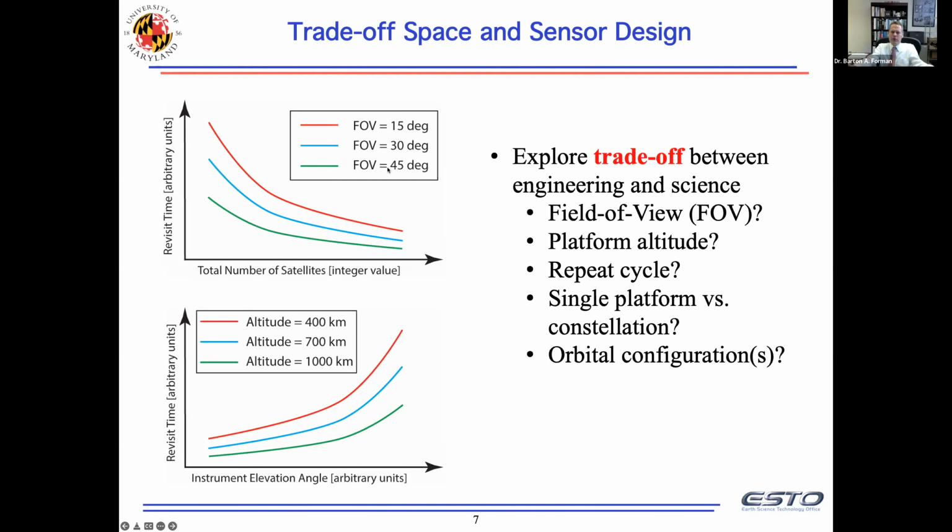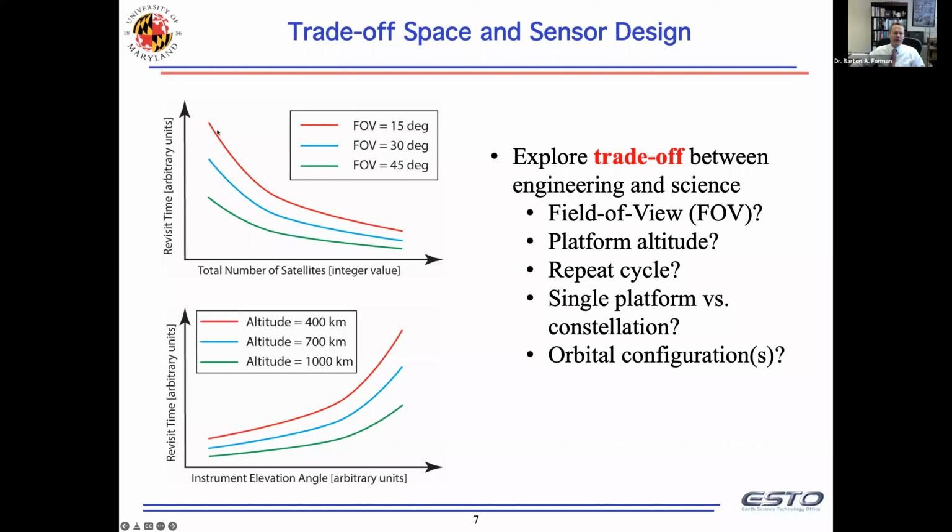As that field of view gets bigger, the effective swath width of the satellite gets bigger, and the satellite will see more of the surface with regularity. But there may be a trade-off. A larger field of view may give you a coarser resolution product, or perhaps a lower accuracy product, depending on the particular sensor design.